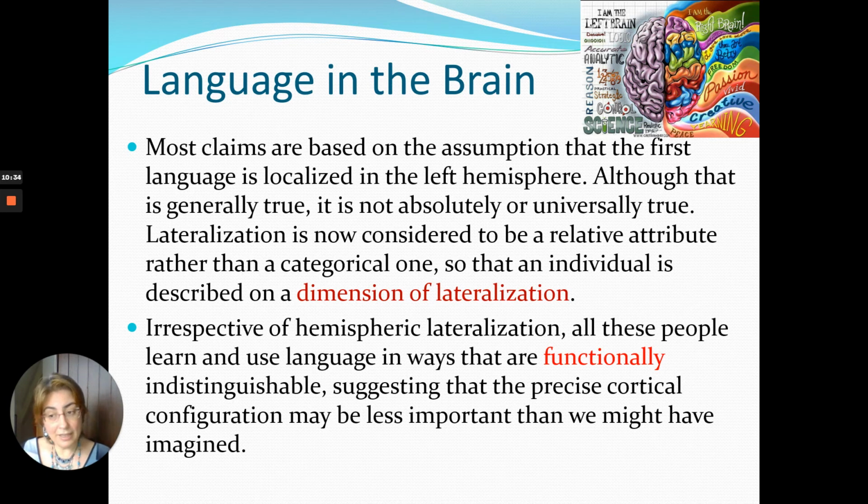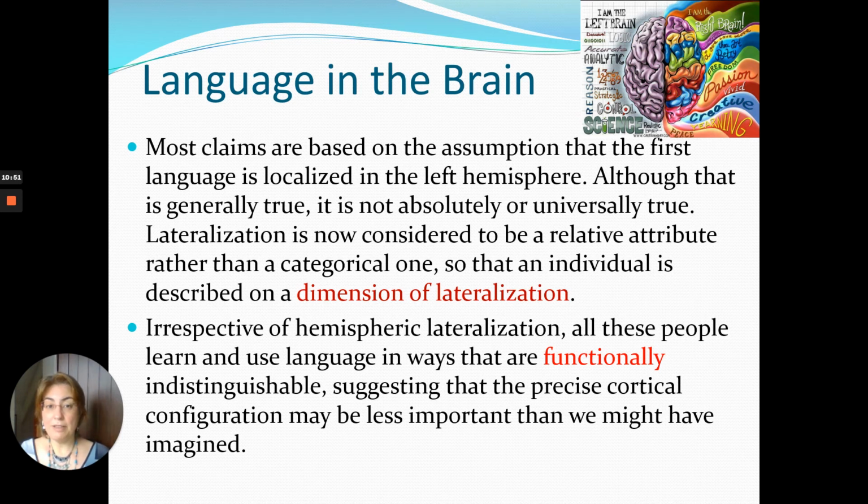Okay, so yeah, localizing language in the brain, in the brain map, and knowing where language is located has its interest, but it might be that it is not determinant of functionality.